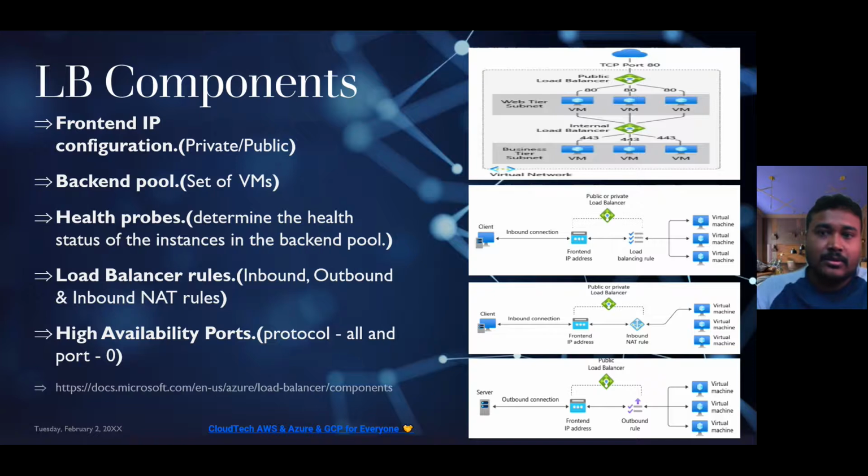Okay. So front-end IP is a configuration, a private or public IP configuration. Backend pool, basically, means your set of VMs. VM means virtual machine, like your set of API servers, set of app servers, set of database servers. And health probe basically determines the health status of instances in a backend pool.